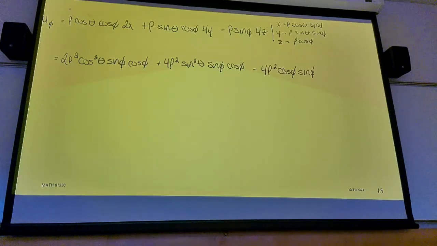Oh wait. Back down to sine phi, cosine phi, we get a sine phi cosine phi.